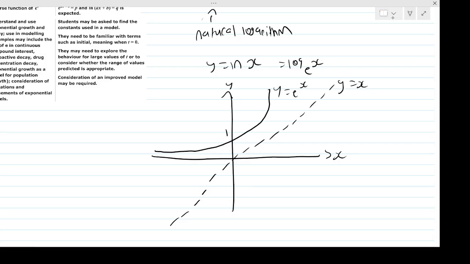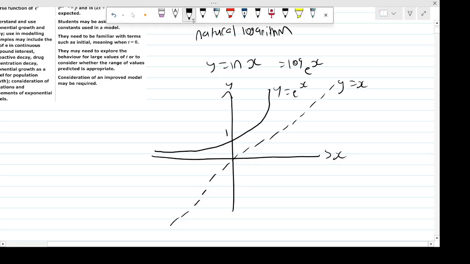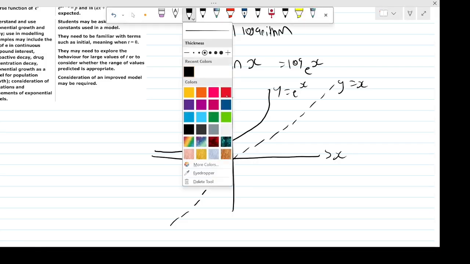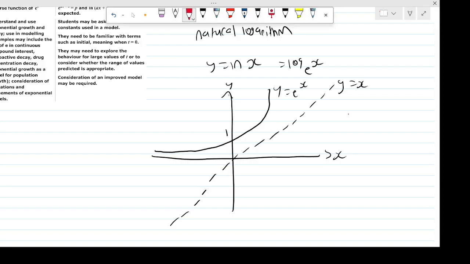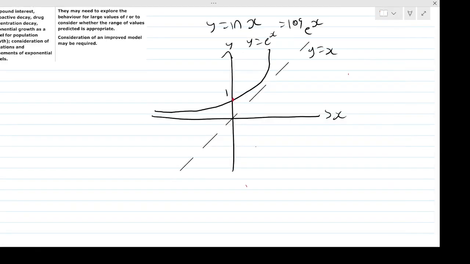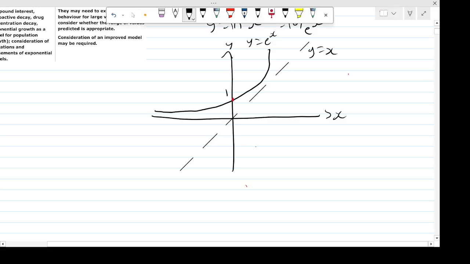Now with inverse functions, you'll see in year 2 that inverse functions are reflections in this particular line, y is x, because the idea is with inverse functions, the x and the y kind of swap roles. So that means when I'm reflecting in this line, I'm switching y and x to invert it, right?